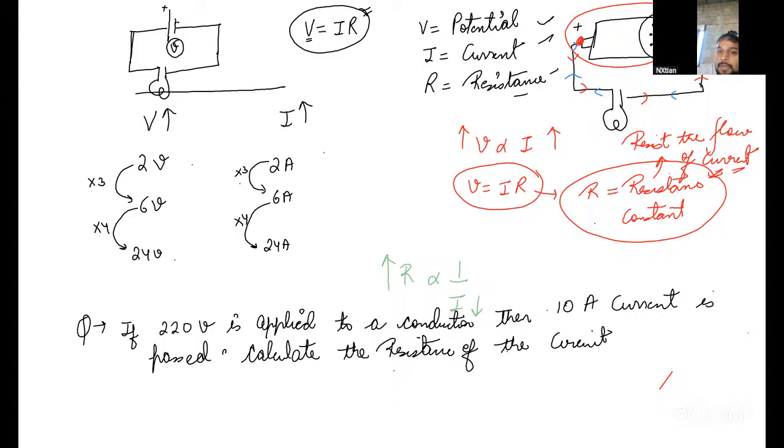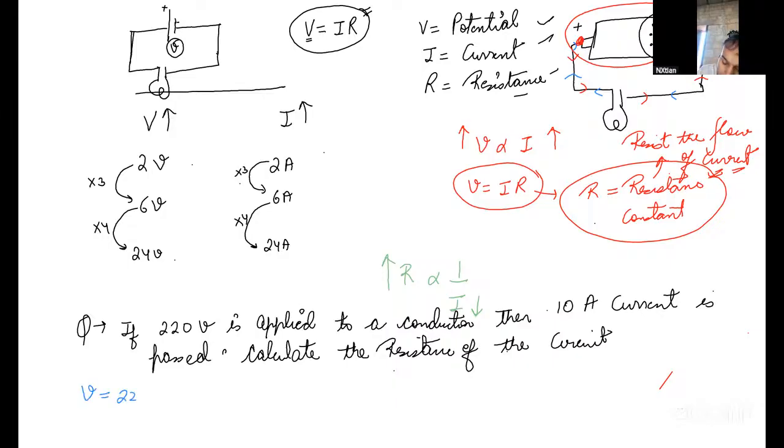So, what is given in this question? What are the things which are given? Voltage is given, V, which is 220 volt.